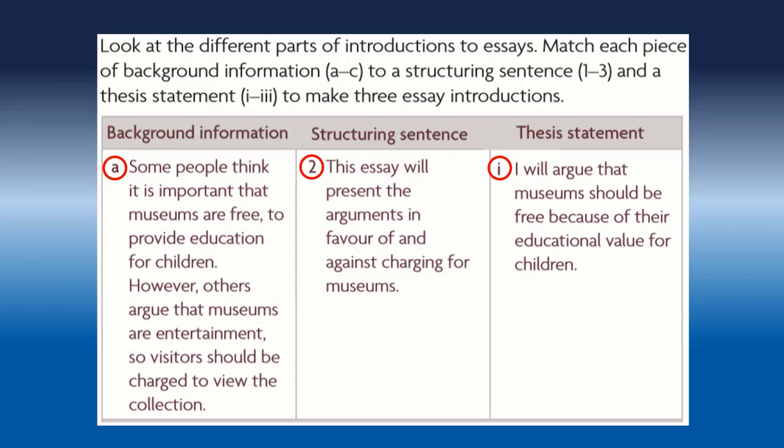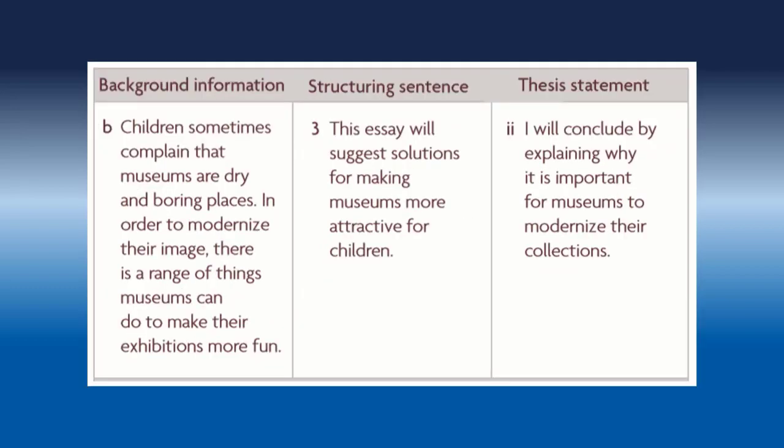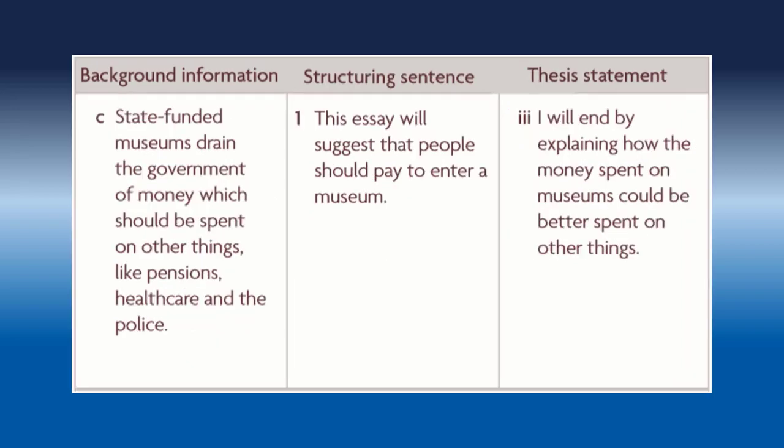The second combination of background information, structuring sentence, and thesis statement is B, 3, and Roman 2. You can write the second introduction by combining these three sentences. And the last combination is C, 1, and Roman 3. This is the last introduction.